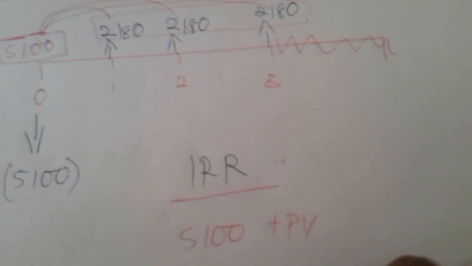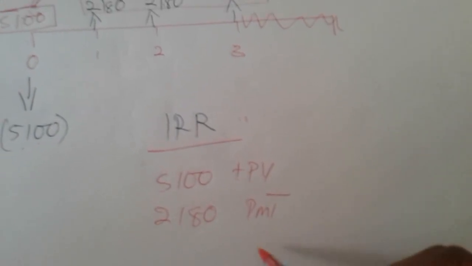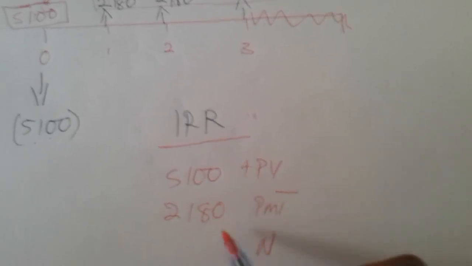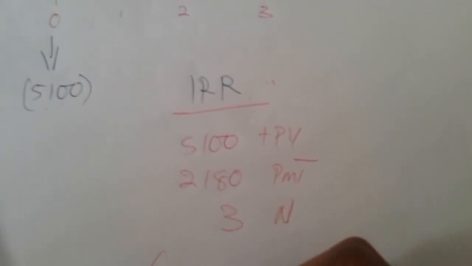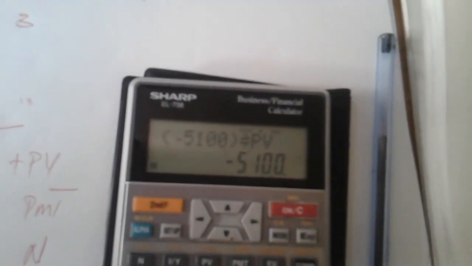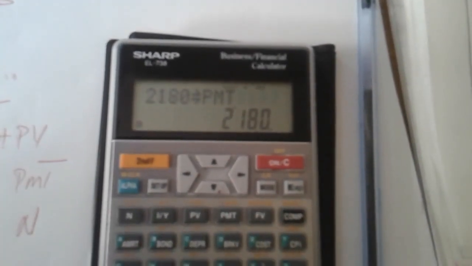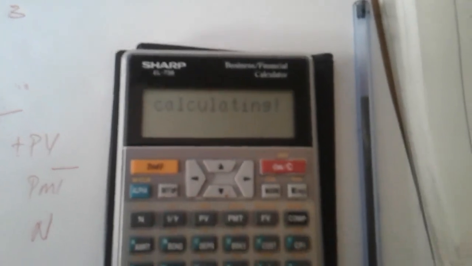So that's payments, 2,180 PMT. Now your N, remember I always say N is the same as number of payments. How many payments are there? 3. So what are we looking for? We're looking for I. So let's do this. 5,100 plus minus PV, 2180 is your PMT, and 3 is your N, and compute I.